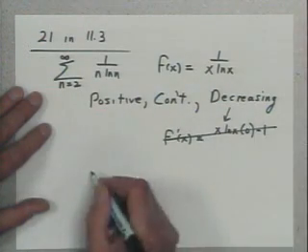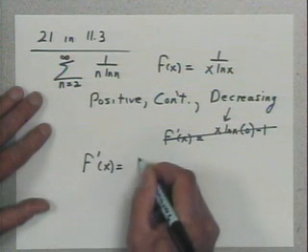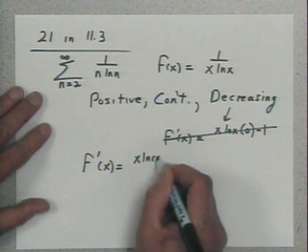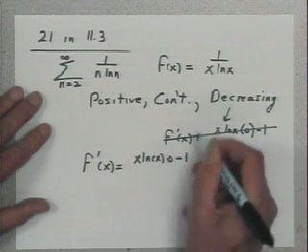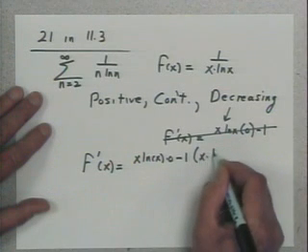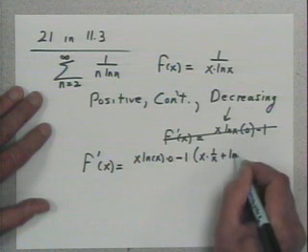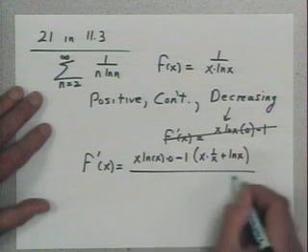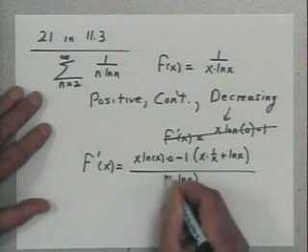And I should have planned better. I need more room. Let me do that again. X natural log of x times 0 minus 1, because I need the product rule. And it'd be x times 1 over x plus natural log of x. And that'd be all over x natural log of x squared.